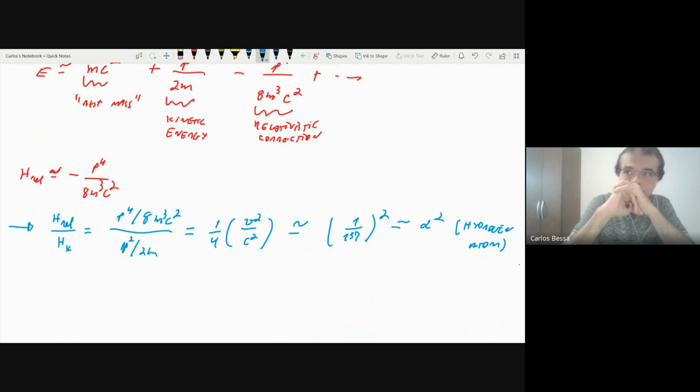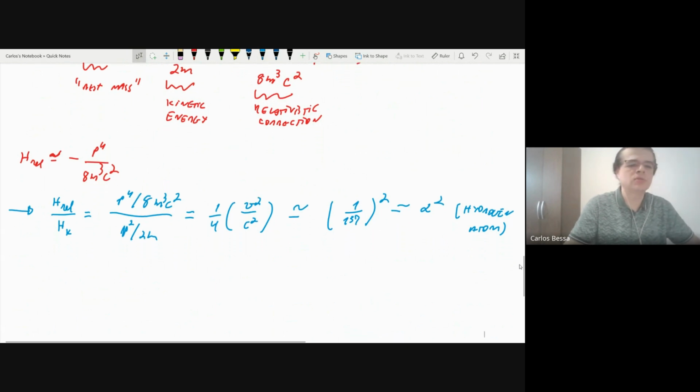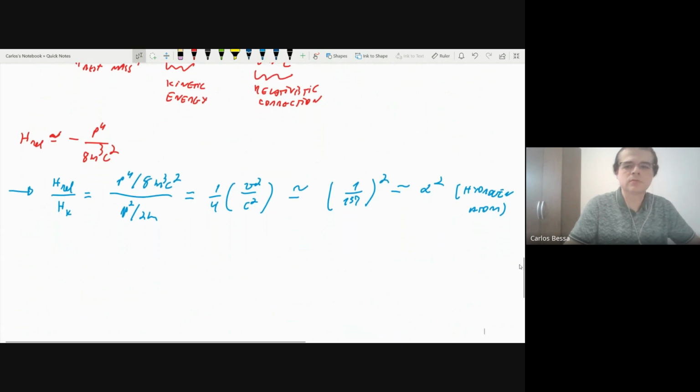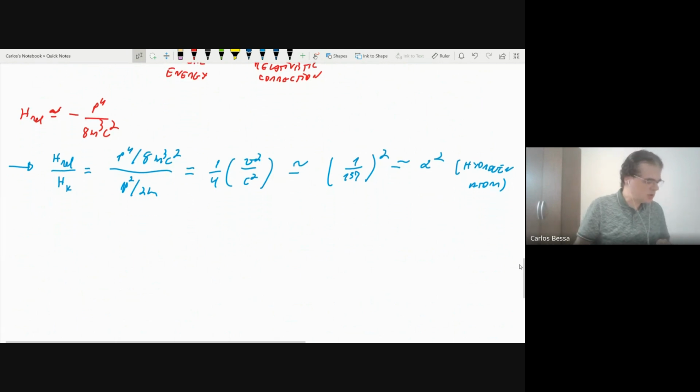That's okay, because these other extra terms that we put here in the Hamiltonian are usually very small compared with the two main terms. Okay, so I'm not sure this is exactly what you're asking, but if not, you can send a message.